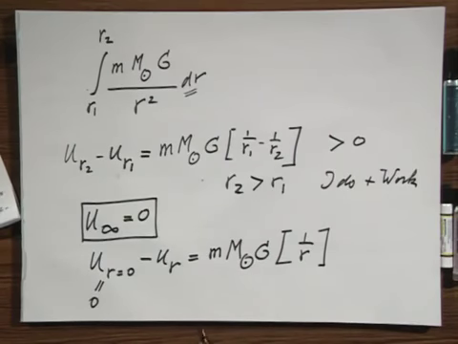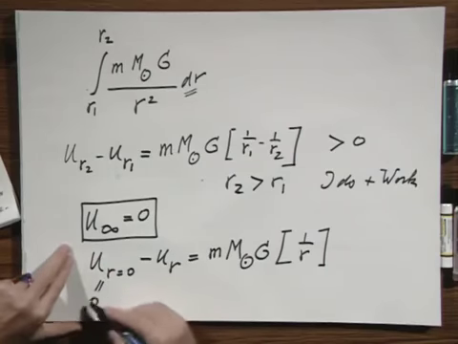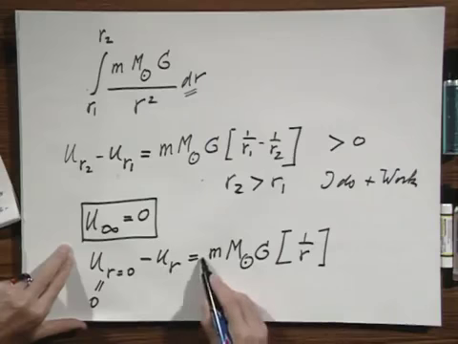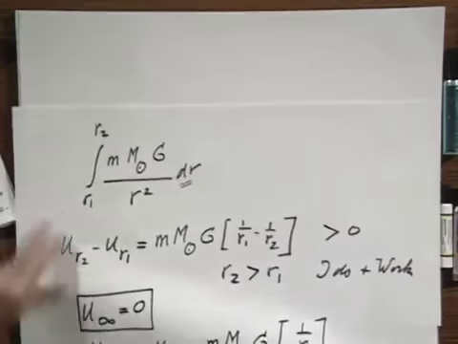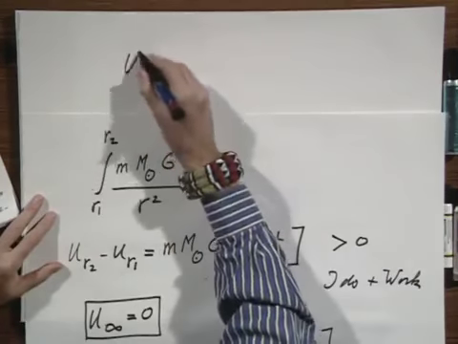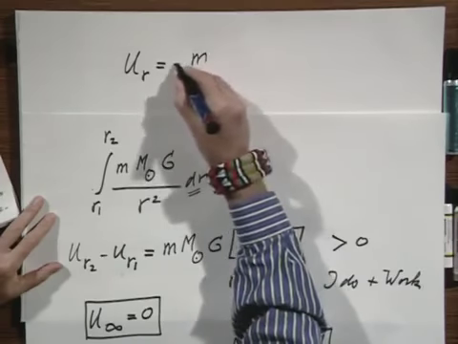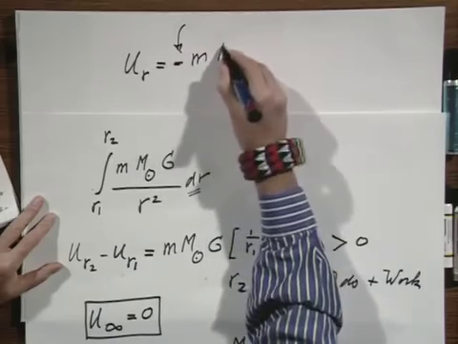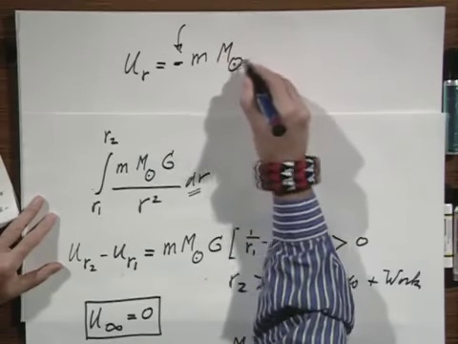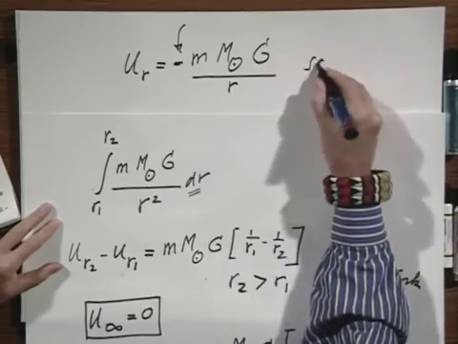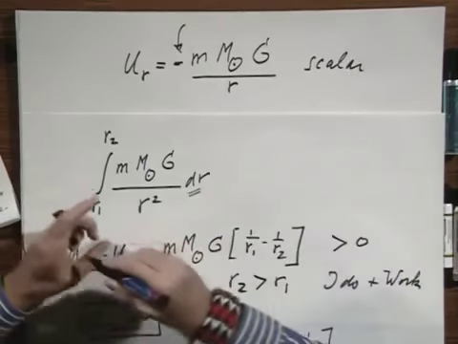This is a scalar, and this is 0, so if I rewrite this a little bit as u of r, I get a minus sign here. So I get u of r, gravitational potential energy, equals minus m sun times G divided by r. And it is a scalar, it has no direction.